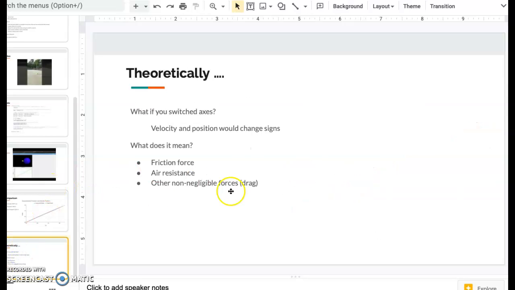Now, what does all of this mean? I personally do not think it is possible to determine all the push and pull factors of the observed experiment to show why F net is equal to 0, because there are so many different forces. There's friction force, air resistance, and there are non-negligible forces like drag that you need to take into account.